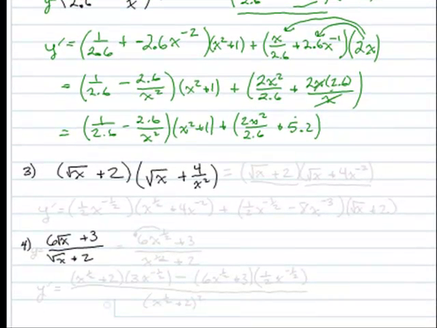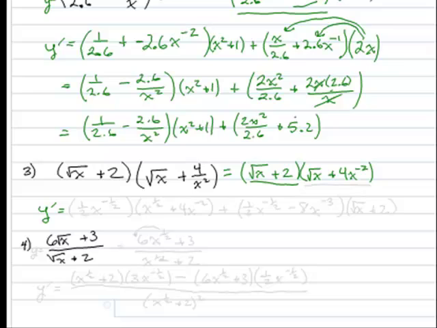And 3, first thing we're going to do is rewrite it again. So square root of x plus 2 times square root of x plus 4x to the minus 2. Another product rule. So y prime equals derivative of the first part.